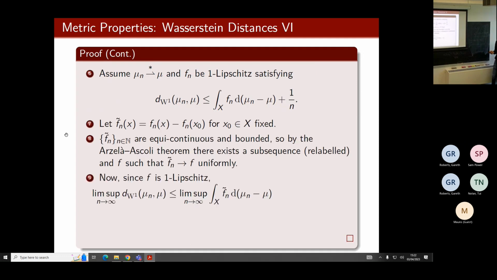When you remove the compactness condition, Wasserstein convergence implies convergence in weak star, and it also implies convergence of p-th moments.